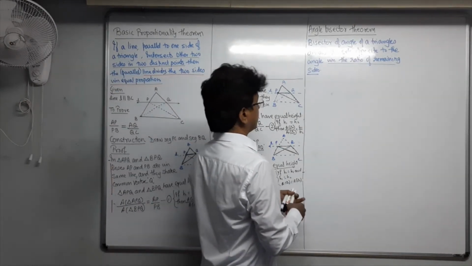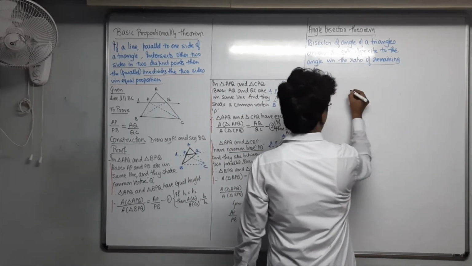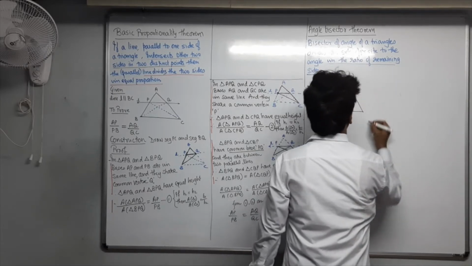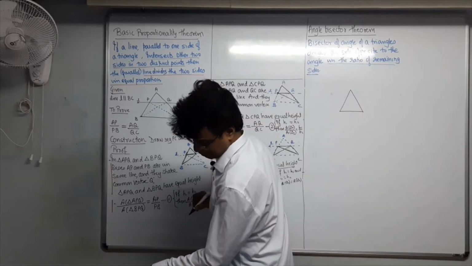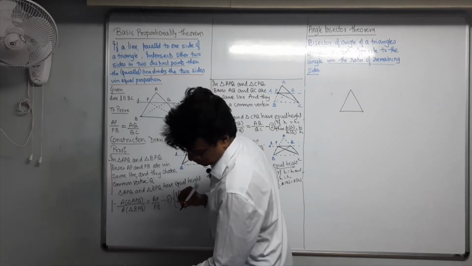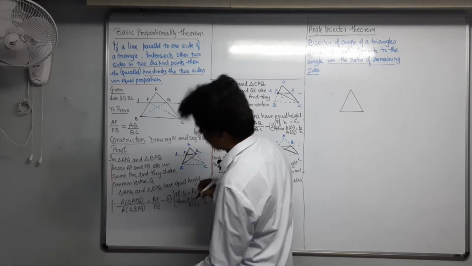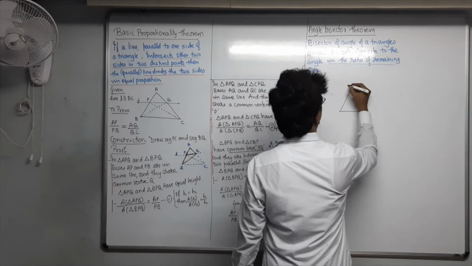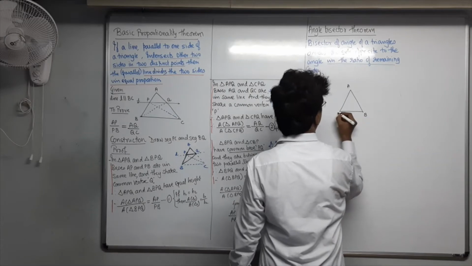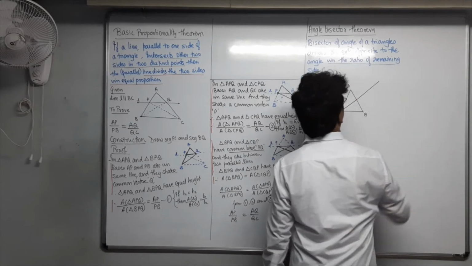Now here what happens is that, see, this is triangle ABC, A is down. This is not good. A, B, C, and this is the angle bisector.